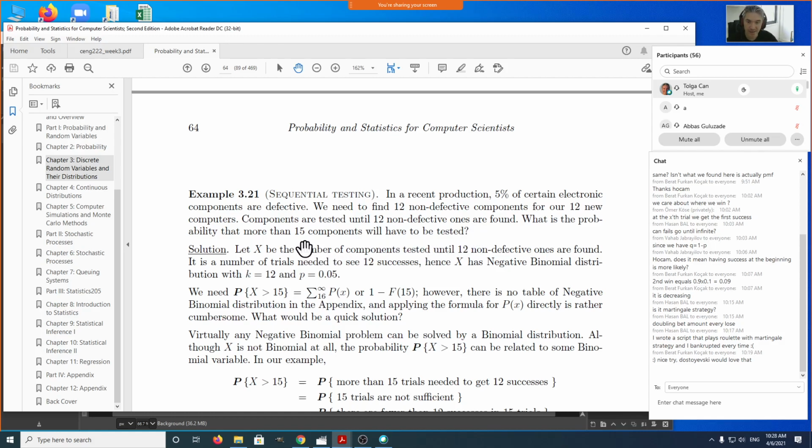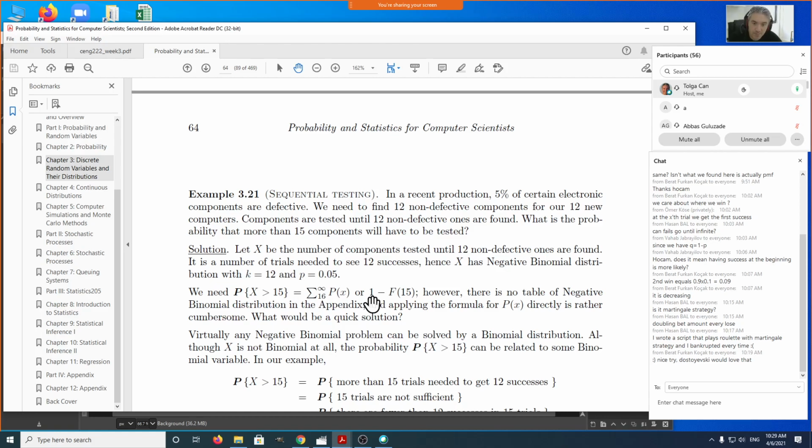So we are looking at a probability which is 1 minus the CDF. The probability that more than 15 components will have to be tested: what is the probability that we get 12 successes in 15 tries, or in 15 or fewer tries?